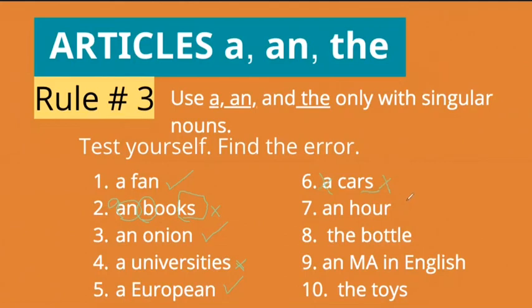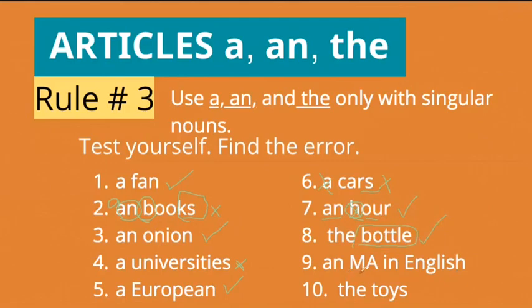Okay, so use an for vowel sound. This is a silent H, and then you start here. And it's singular, so it's correct. Next, the bottle. Bottle is singular, so you can use the. Okay, that's correct.